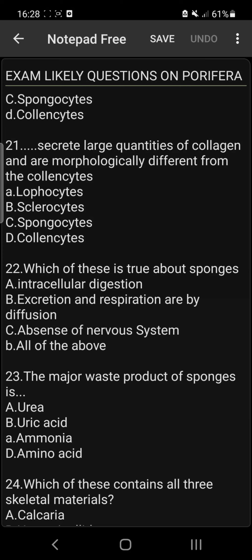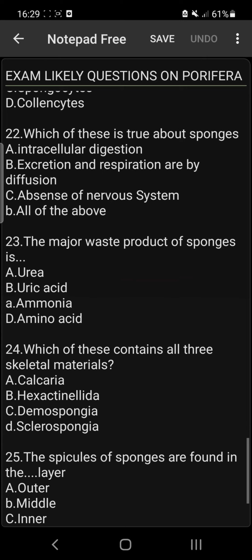The word large, the first alphabet is what? L. So the answer is what? Lymphocyte. The lymphocyte secretes large quantities of collagen and are morphologically different from the colencyte.